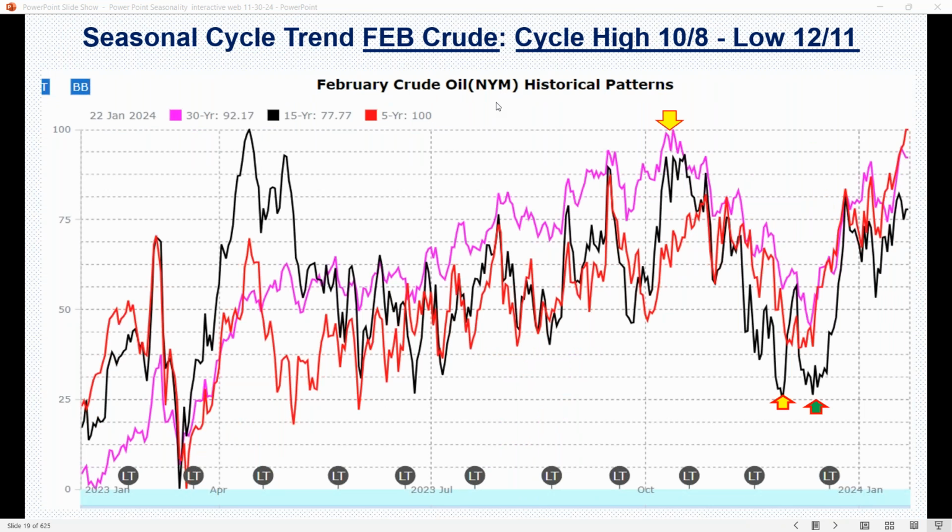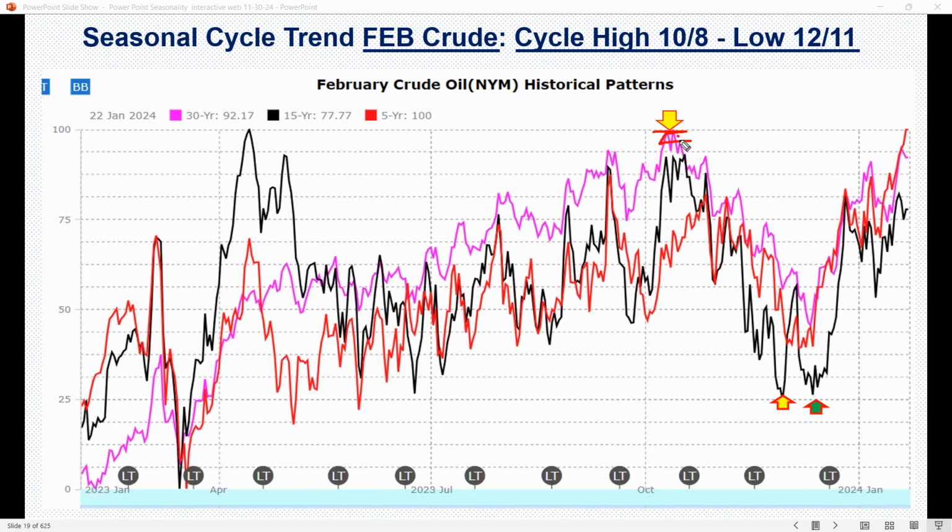And here's crude oil. You can see crude oil's tendency is to have a pretty big seasonal trend move down, and that starts here in the early part of October. A lot of this on oil is caused by being out of the hurricane season. There's no longer that underlying bid once the hurricane season is over, which is typically the first part of October.